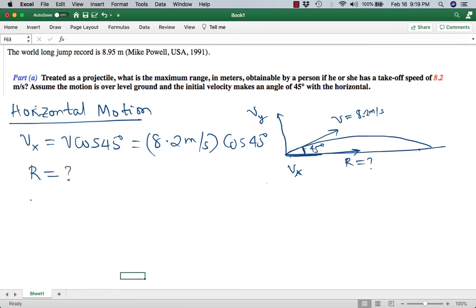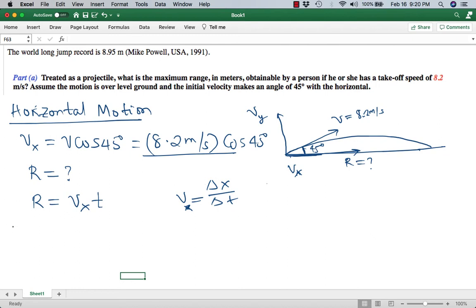For the horizontal motion, there is no acceleration, so range is delta x, and delta x over delta t is vx. So range is vx times t. Now we know vx, but we don't know t. So first we need to find t, and then we can come back to this.